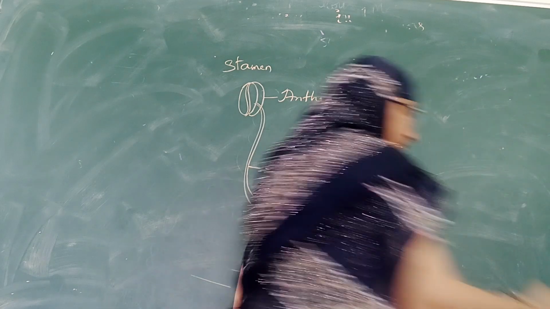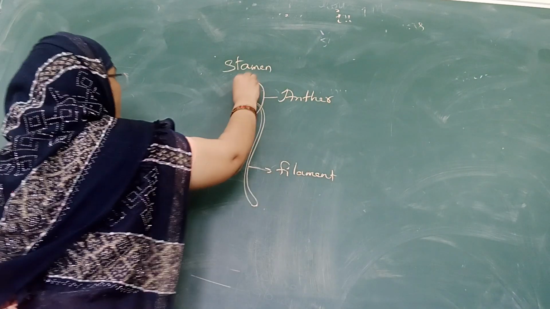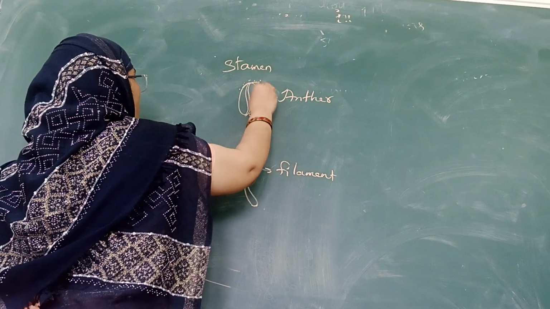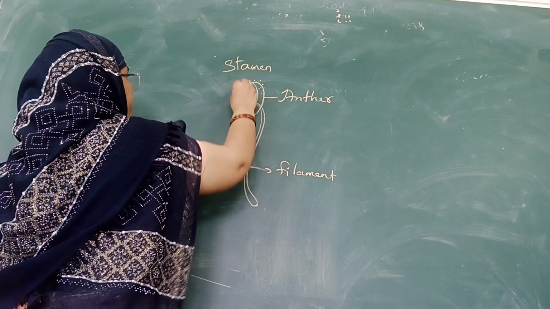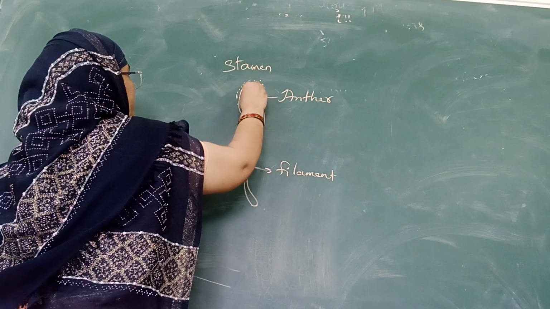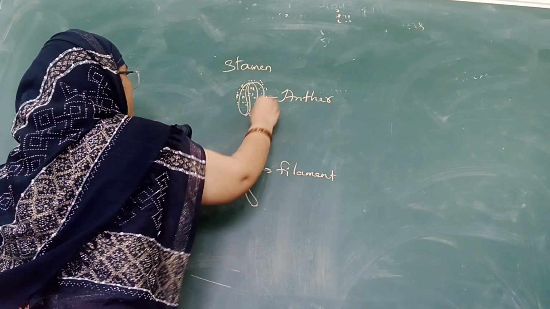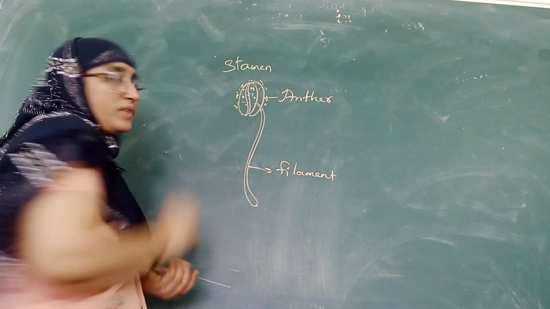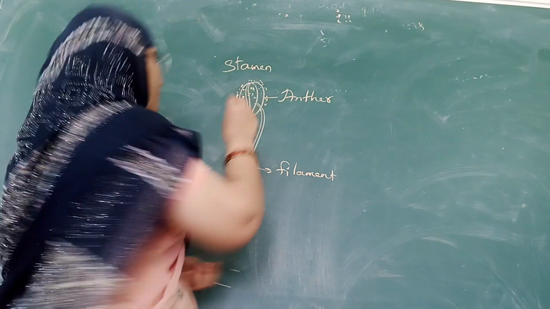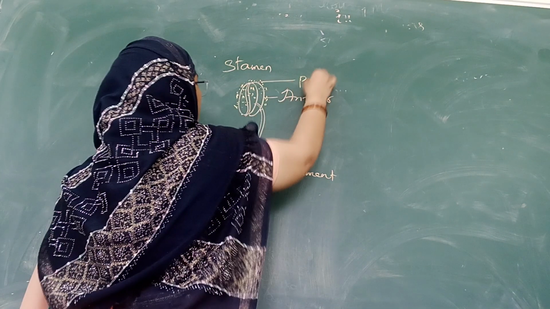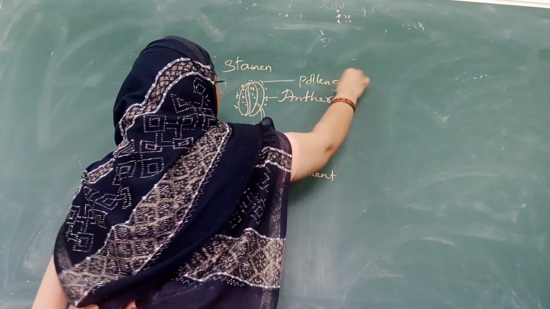On the surface of this anther we find a minute, yellow colored powdery substance. Those are nothing but pollen grains.